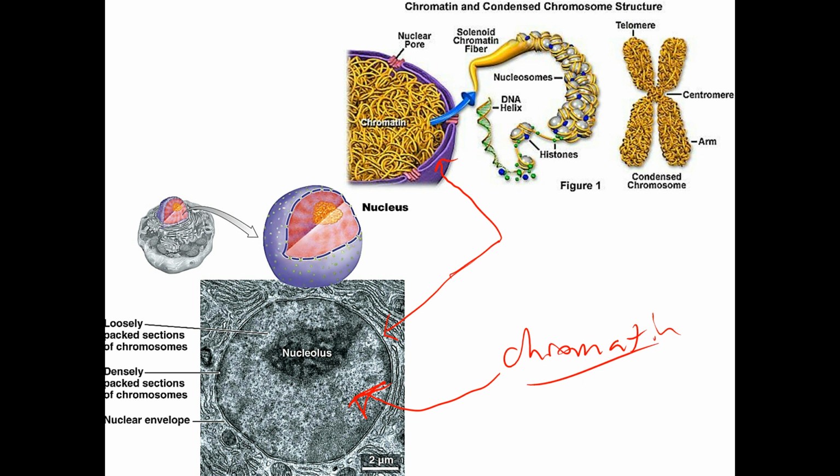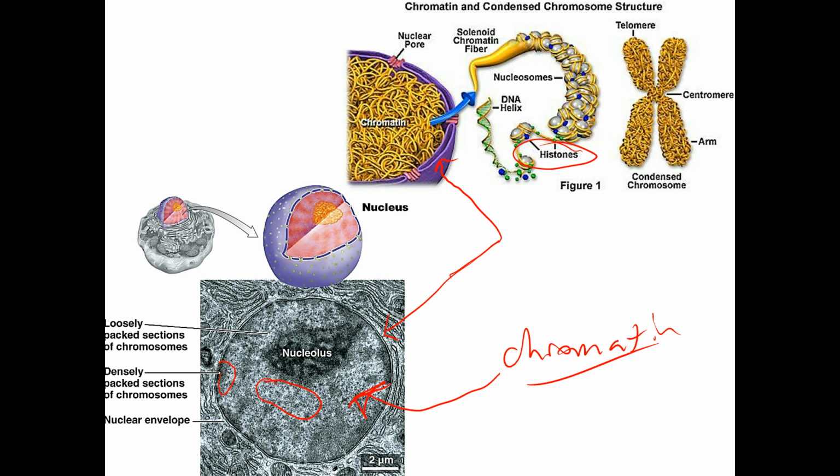Chromatin can either be densely packed, so it's darkly stained, or it's lightly stained because it's loosely packed. So what exactly is chromatin? Well, chromatin is the DNA, but it's DNA that's wrapped around proteins that we call histones.